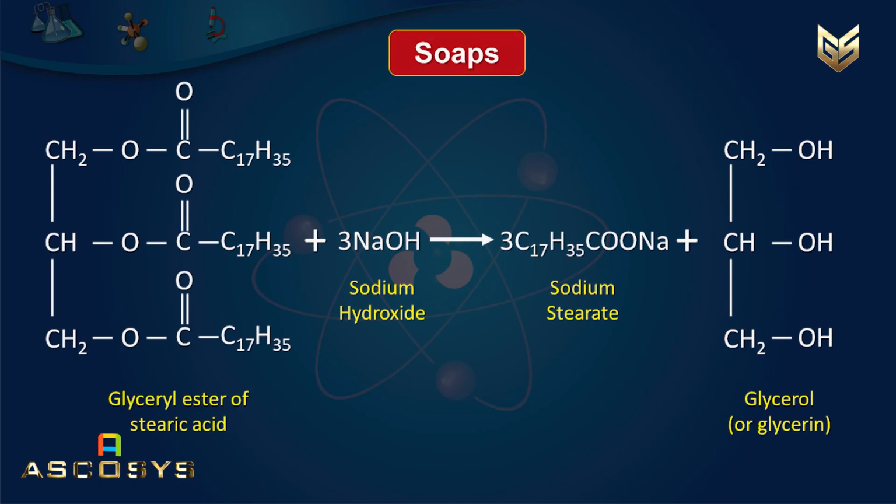In this reaction, sodium stearate is the soap, which is made by the reaction of sodium hydroxide with the glyceryl ester of stearic acid. So, in simple language, soaps are sodium or potassium salts of long chain carboxylic acids.